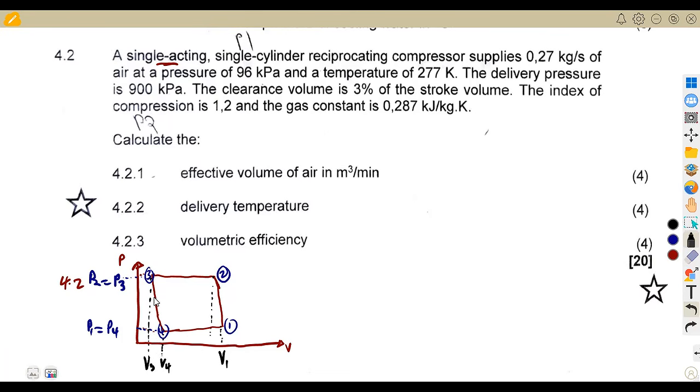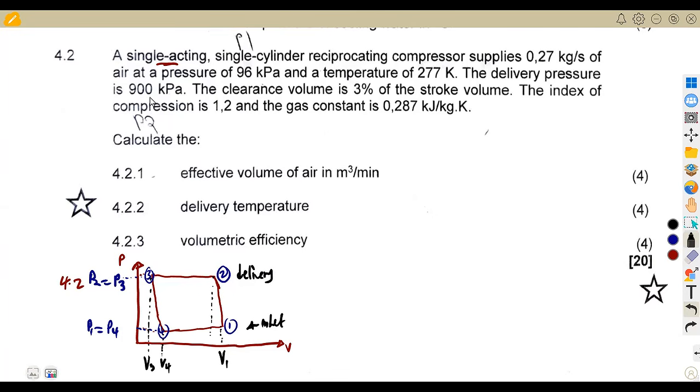All right, so this is what we have on our sketch. We've got the inlet, and we've got the delivery. So this is the inlet. Then this is at the delivery.